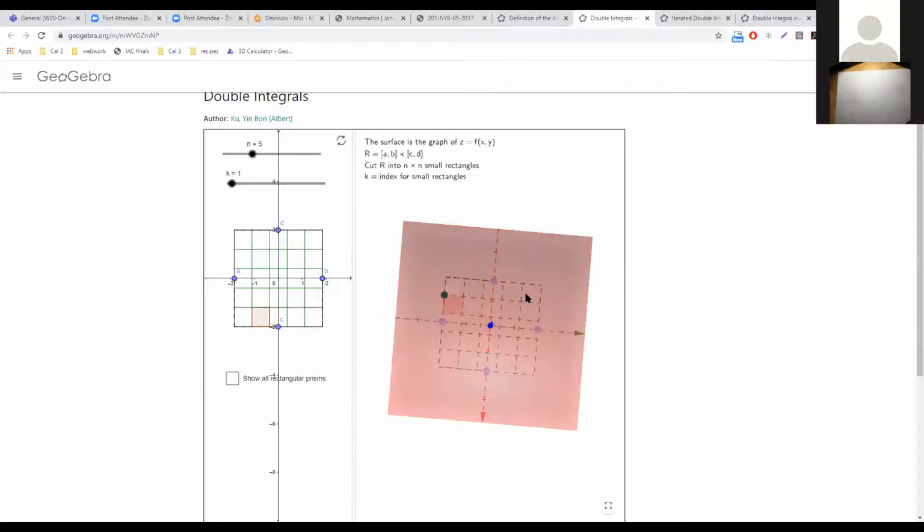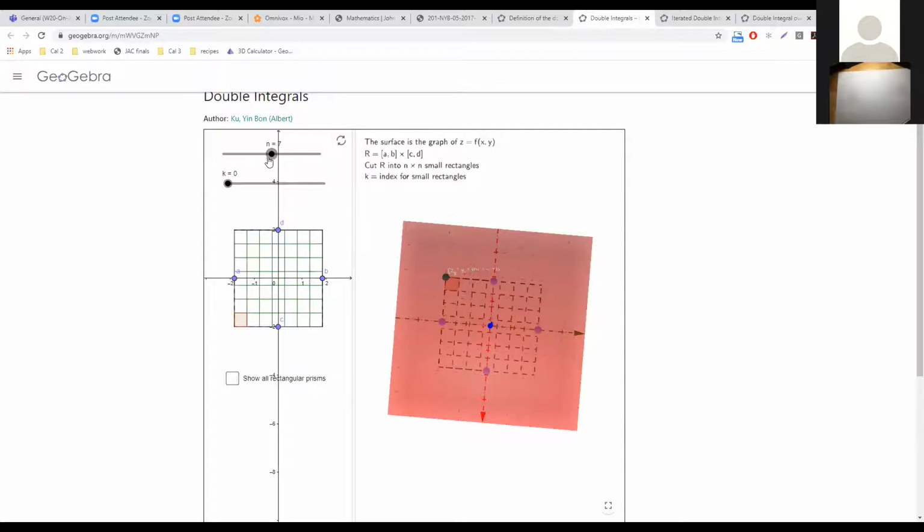So I have 1, 2, 3, 4, 5 subintervals, and 1, 2, 3, 4, 5 subintervals. This was graphed in such a way that the subintervals on the x and the y axis are the same, which is fine. It doesn't have to be like that, but it's fine. And then this is what we get: we obtain a mesh. How will this mesh help us in evaluating the volume under this surface?